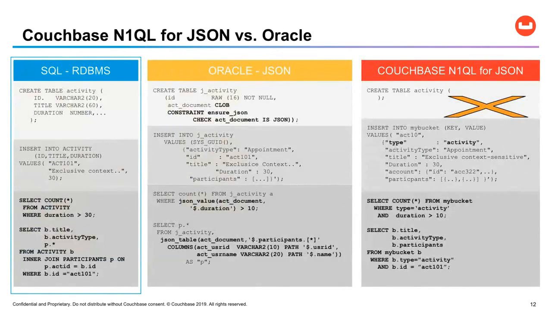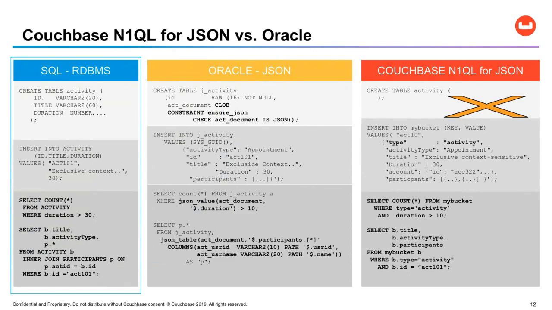So let's examine side by side the two JSON implementations. The first column represents the standard RDBMS SQL, which could be Oracle, SQL Server, MySQL, DB2, etc. The second is the Oracle implementation of JSON, and the right is the Couchbase NoSQL for JSON. This slide really shows how Couchbase has focused on adopting an open standard when it comes to querying its JSON database.